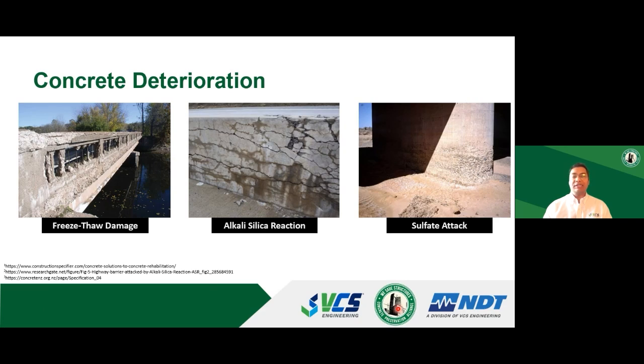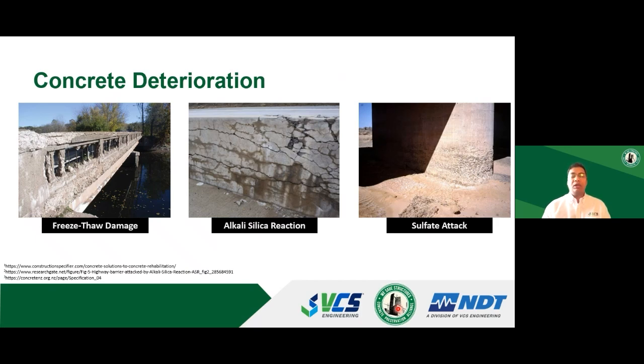Once the concrete cracks, it can provide a direct pathway for chlorides, carbonation, water or oxygen to get in, and that's where you can have accelerated rates of corrosion. This is the other way of looking at it: concrete cracking first, then the reaction, and then the corrosion happens.